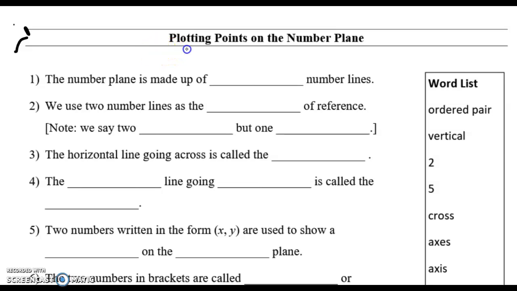In this video, we're looking at plotting points on the number plane. The number plane is made up of two number lines. We use two number lines as the point of reference.